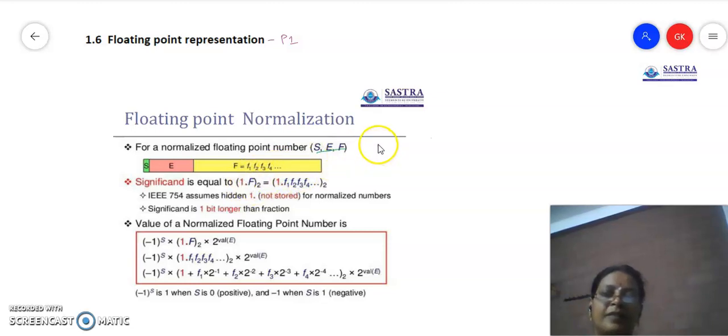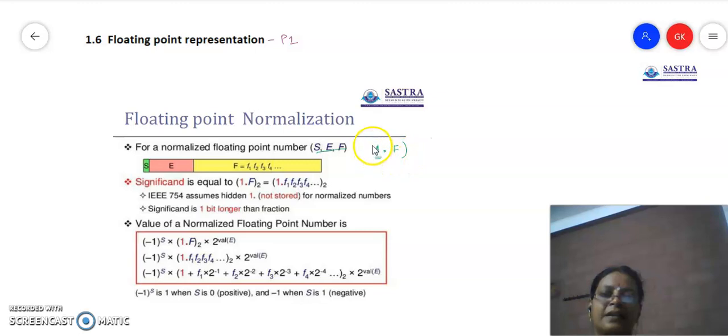There will always be a 1, because we said that in a normalized number there should be one non-zero digit to the left of the point. Because this is the binary number system, it is always going to be 1. So this 1 point is not going to be stored inside the computer. It is always understood, and during the calculation we will substitute the value 1 here, and whatever fraction number we have represented here will be considered as f.